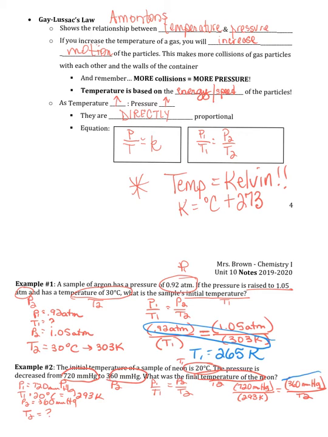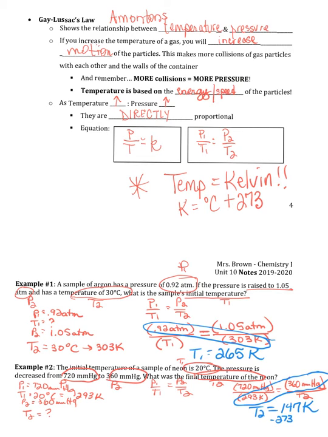Again, we're going to cross multiply the things that we know and divide by the 720 because that's the side that we don't know when we cross multiply. Solve for T2, and our T2 is 147 Kelvin.